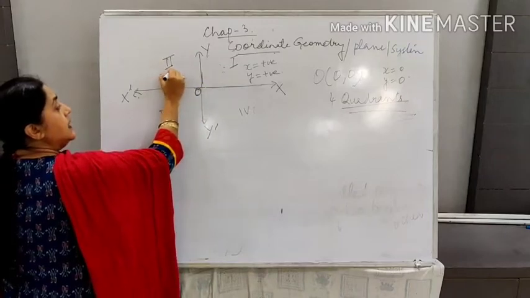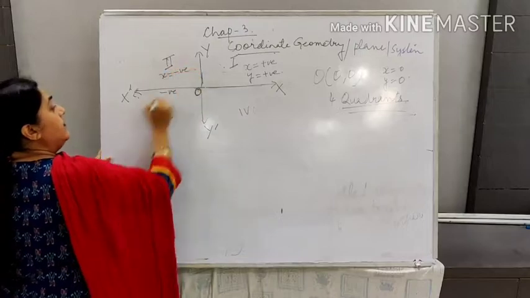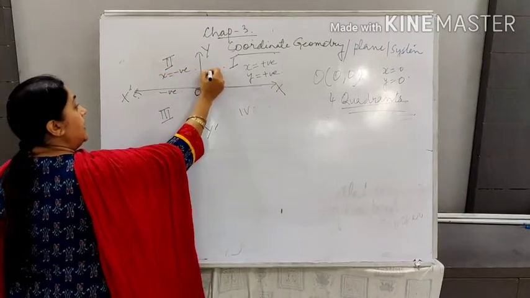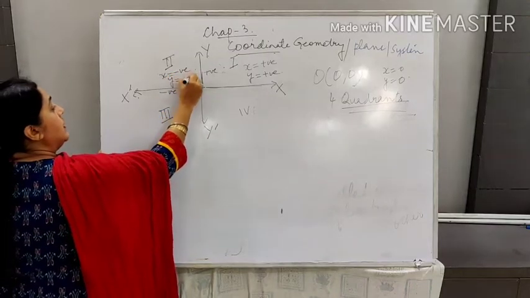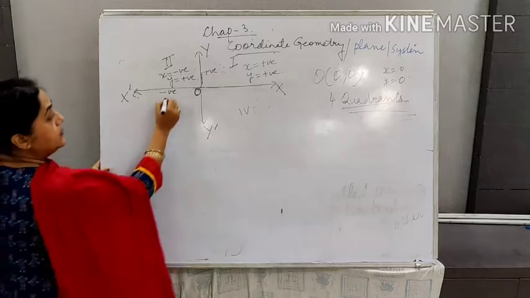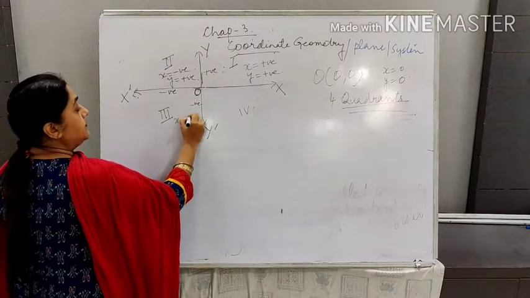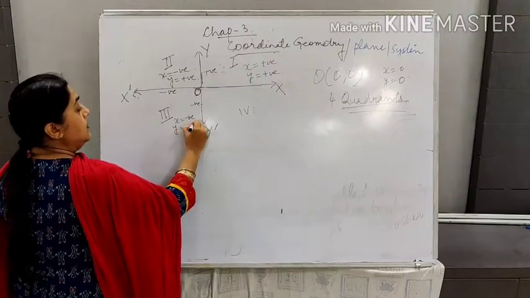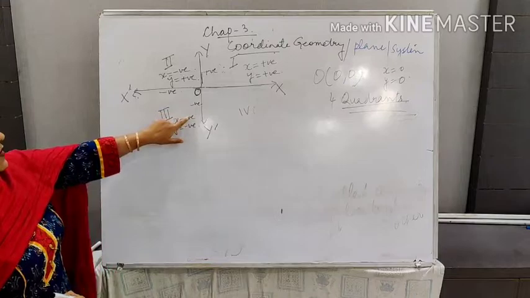How far is our x going? All of this is what? -1. So x is negative and where is our y lying? Y is positive. Got it? And when I am talking about the third quadrant, can you check? My x is negative here and y is also negative, right?